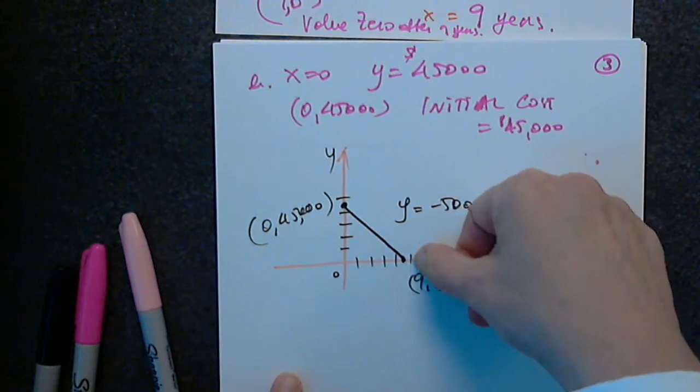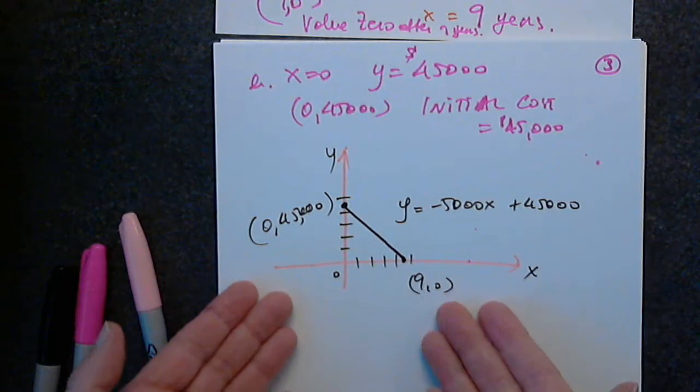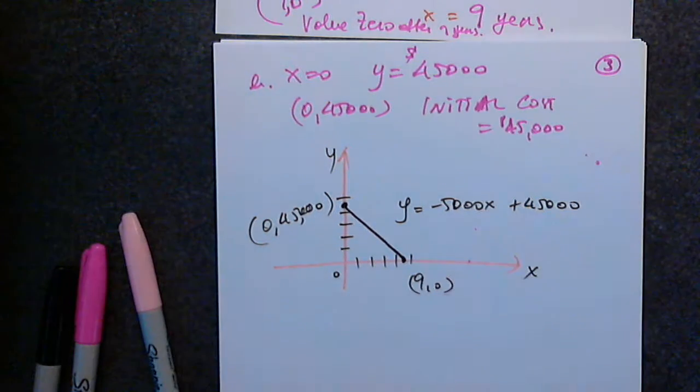And why don't I extend it below? Because I cannot say that the value will be a negative value. It could be a money pit at this point in time, but I still cannot consider a negative value. So that's why I don't extend it. Negative time doesn't make sense, and negative value doesn't make sense.